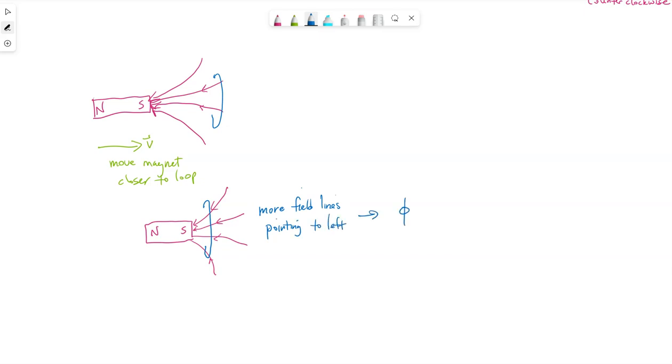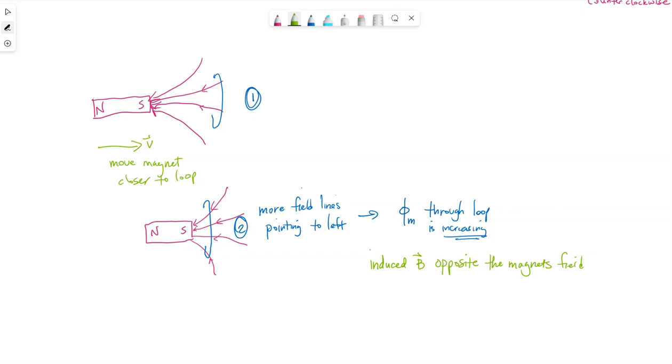This means the magnetic flux through the loop is increasing from moment 1 up here to moment 2. If the magnetic flux is increasing, there will be an induced magnetic field that is opposite the magnet's magnetic field to try to decrease that flux back down.